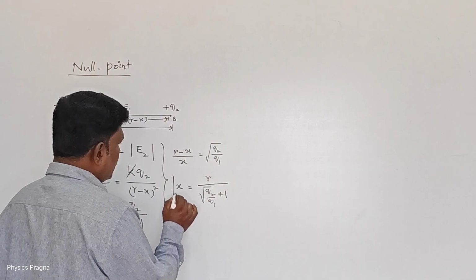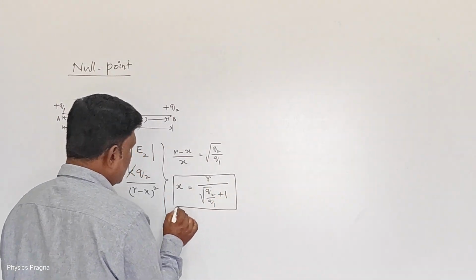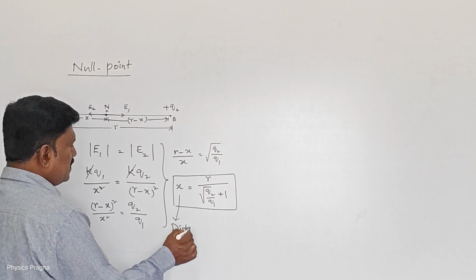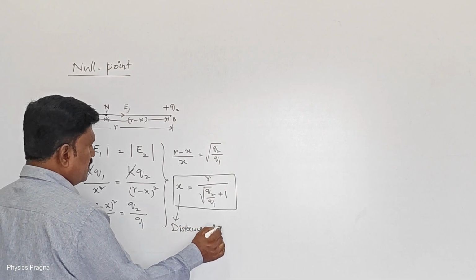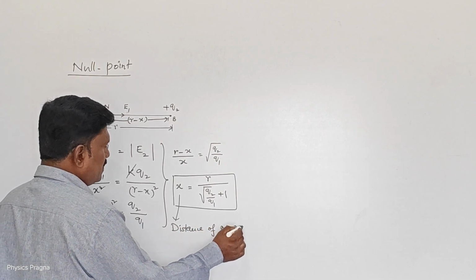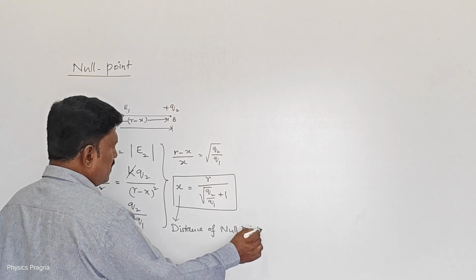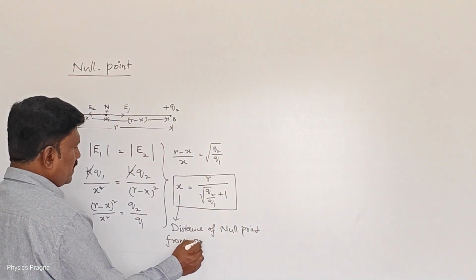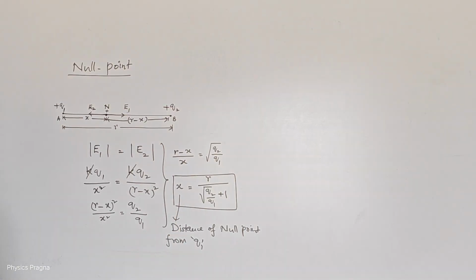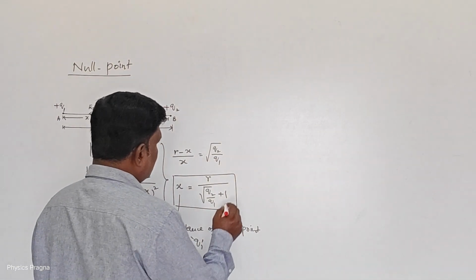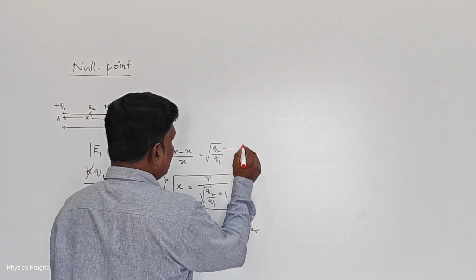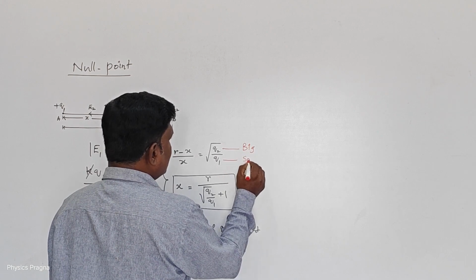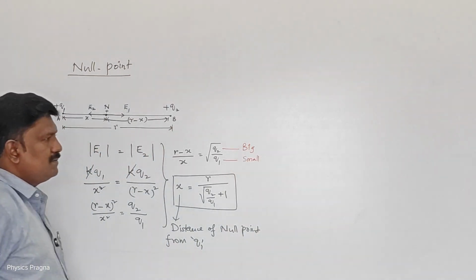This formula you remember, this is the distance of the null point from Q1. Always remember here Q2 is the big one, Q1 is the small one.